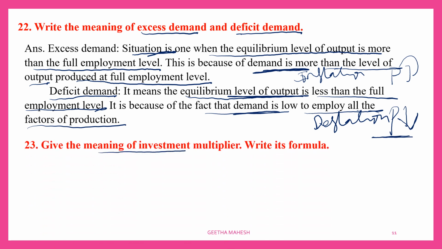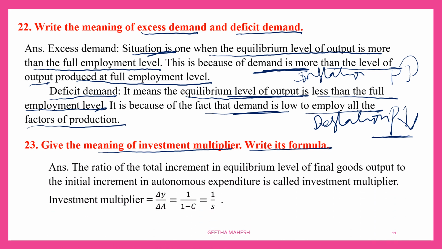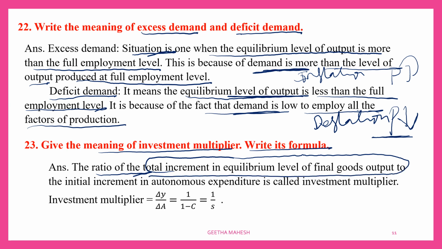Give the meaning of investment multiplier and write its formula. It is the ratio of total increment in the equilibrium level of final goods output to the initial increment in autonomous expenditure, called the investment multiplier.